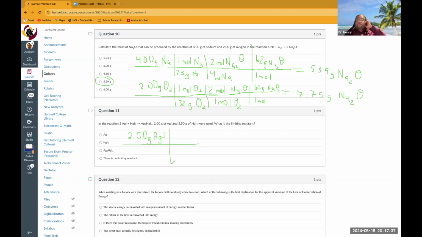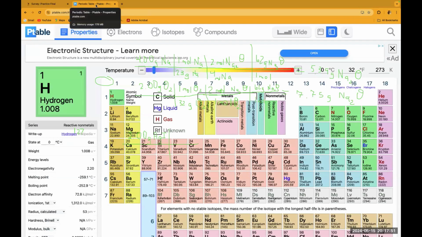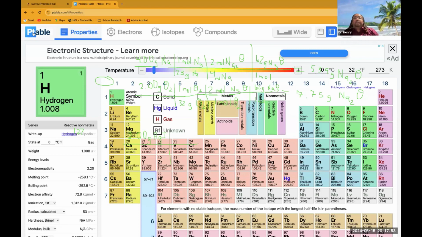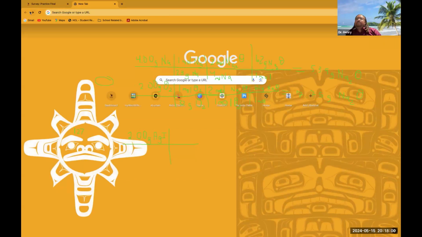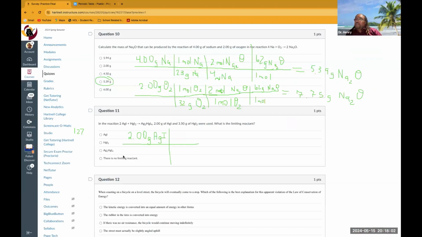Okay, so we have silver iodide. So we know that iodide, if I remember correctly, was 127. Let's confirm. Yeah, it's 127. Okay, and then silver is 107.87, so approximately 128. Oh crap. Okay, so I mean not 128, 108.